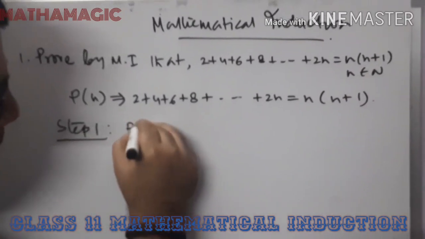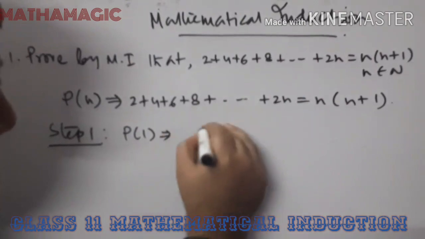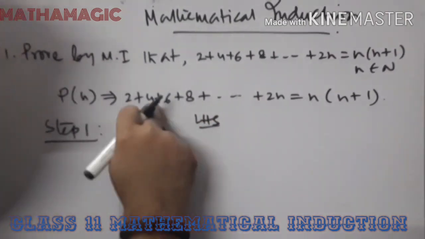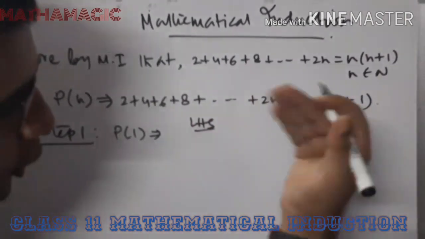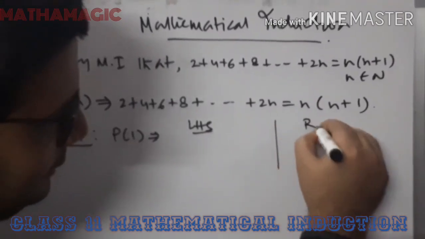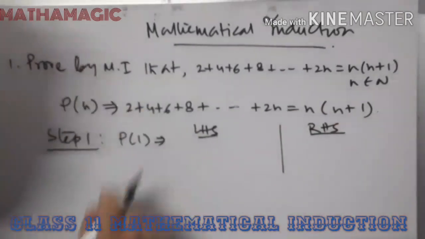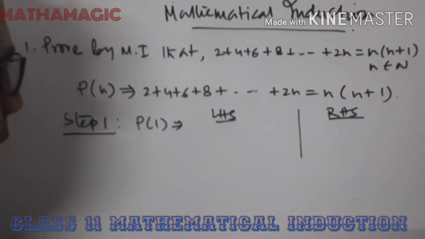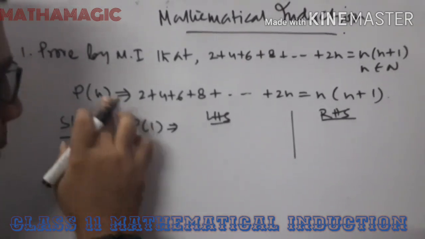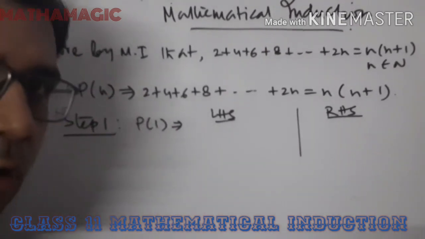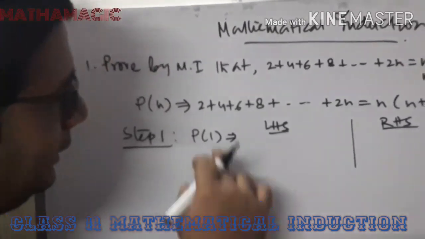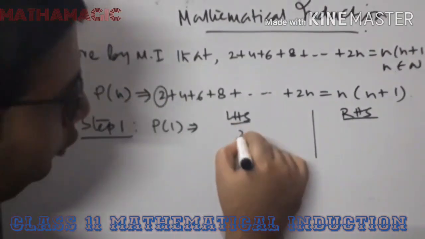So P of 1, there will be 2 things, one value on LHS and one on RHS. We'll write it like this, LHS and RHS. For LHS, P of 1 means the value of n is 1. That means only the first term. Here the first term is 2. So we'll write 2.